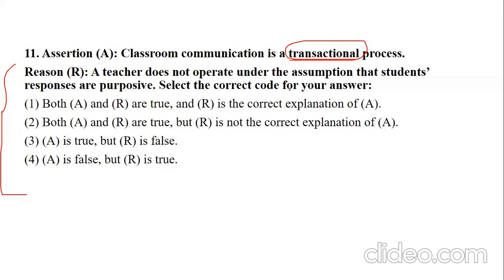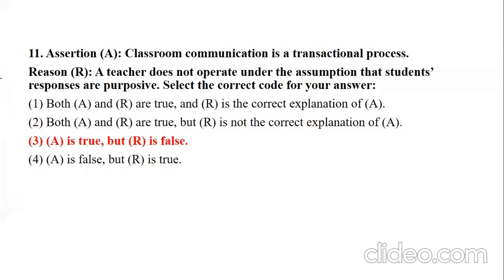A teacher does not operate under the assumption that students' responses are purposive. Okay, definitely, the teacher does not think that it should be purposive, that is why they teach. Definitely not. So if you see, the reason is false. So both are true, no. A is true, yes. R is false, we just saw. A is false, that is not the case. So your right option is option number 3.